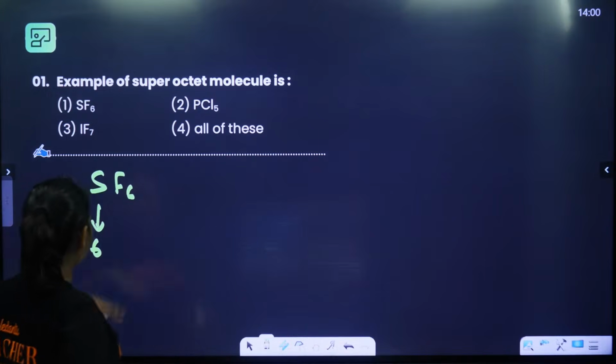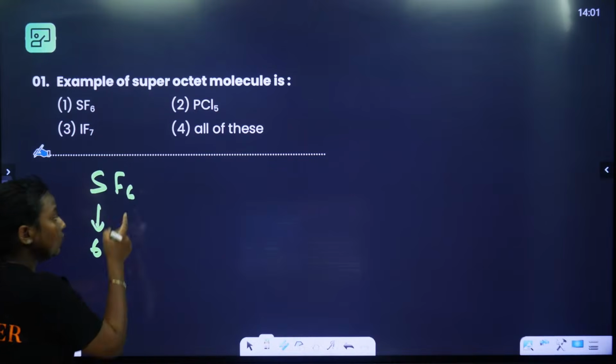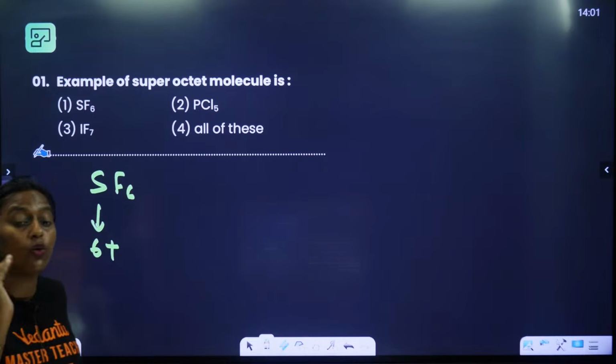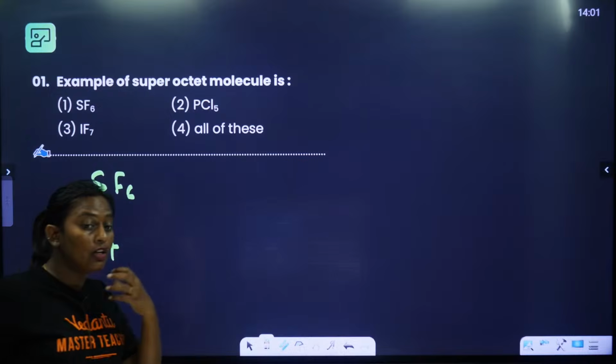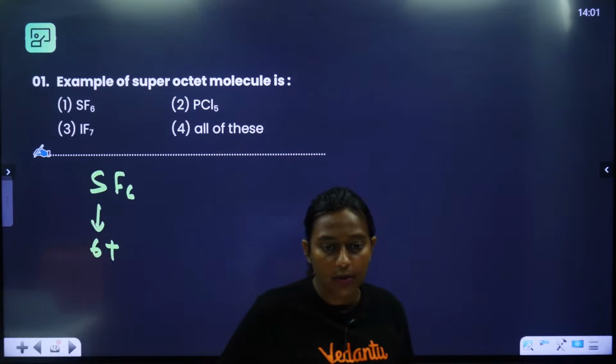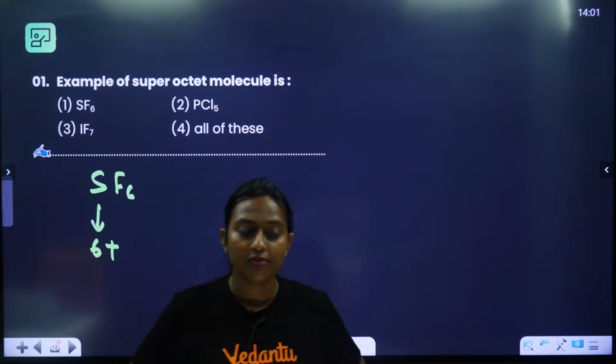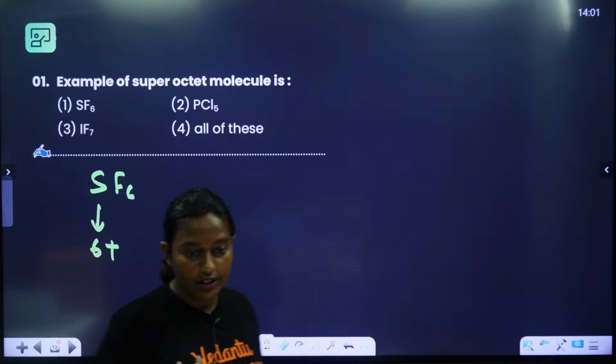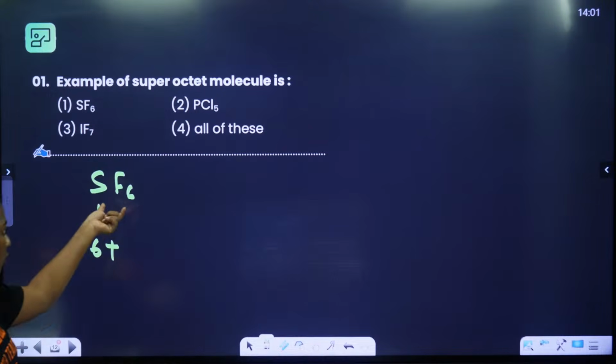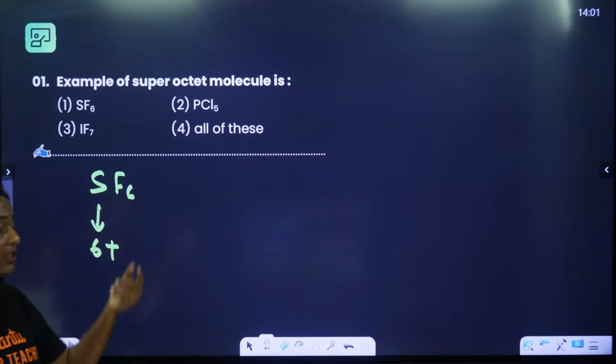Since 6 fluorine atoms are there, each fluorine gives 1 electron.